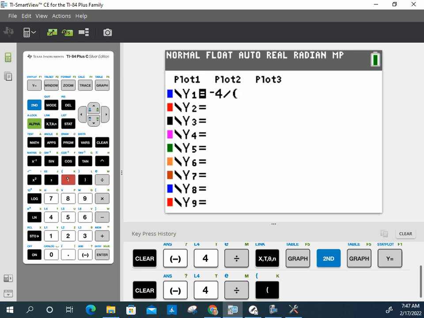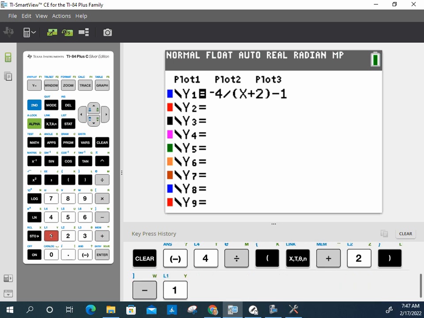So open a parentheses, put in x plus 2. That's very important. If you're going to do it right, you need to put in the parentheses. Then you put -1 behind it.